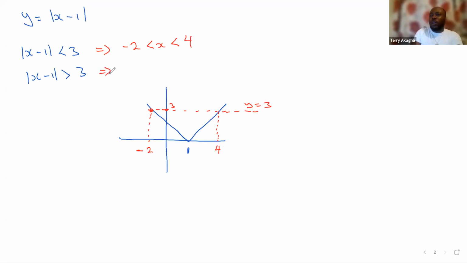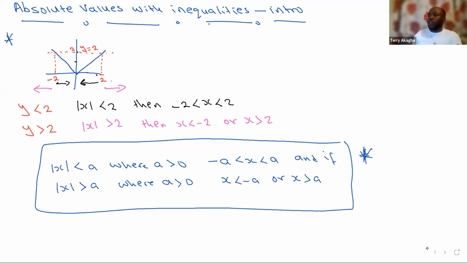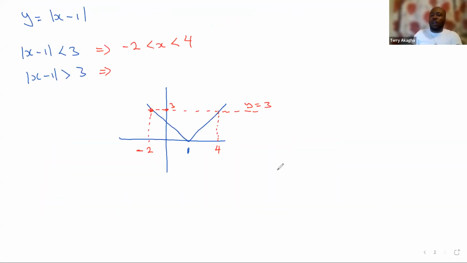Now for the other one, for greater than, the same principle, we said that it's going to be less than -a or greater than a. So you're going to do the same thing. You notice that the answer is going to be x is less than -2 or x is greater than 4. So if it's for the greater than, this should be the answer. If for the less than, this should be the answer. All right, and that'll be that for that.